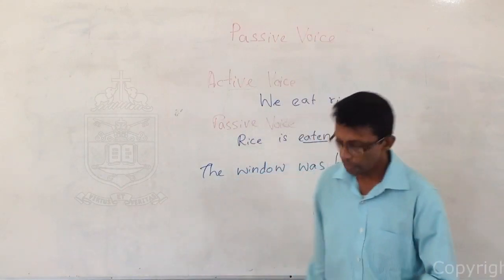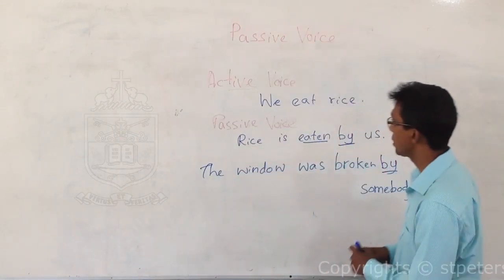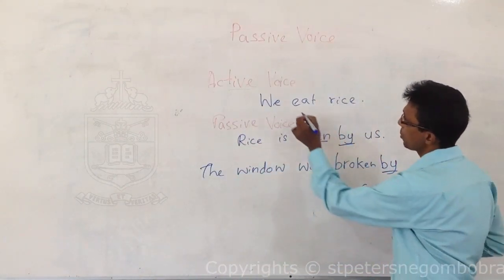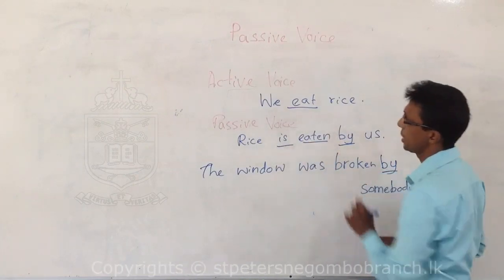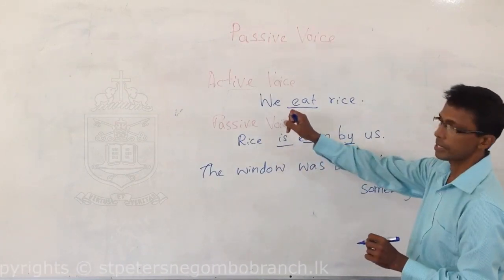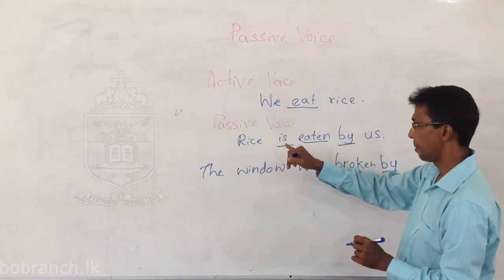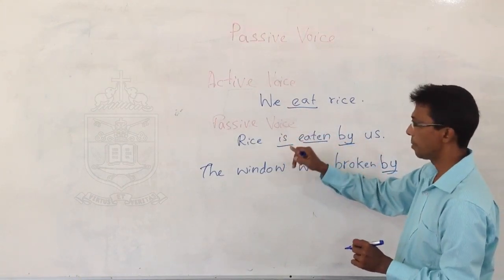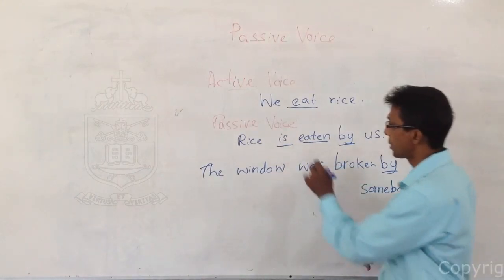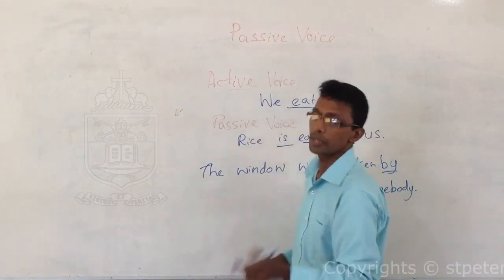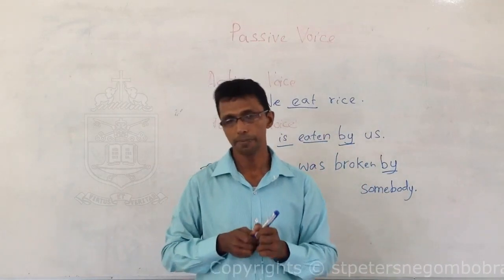Helping verbs change in passive voice. From active to passive, helping verbs change, right? In this sentence, you don't find a helping verb, but in the passive voice, there are helping verbs, and helping verbs change. Now, what are helping verbs?